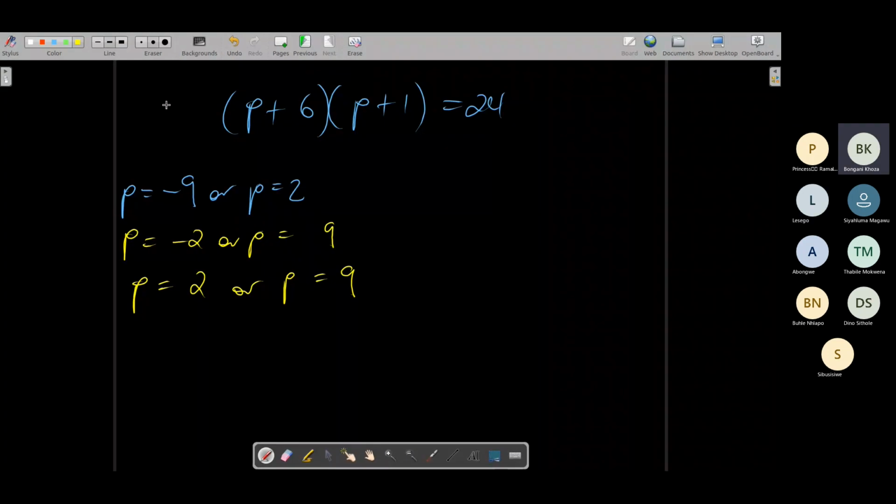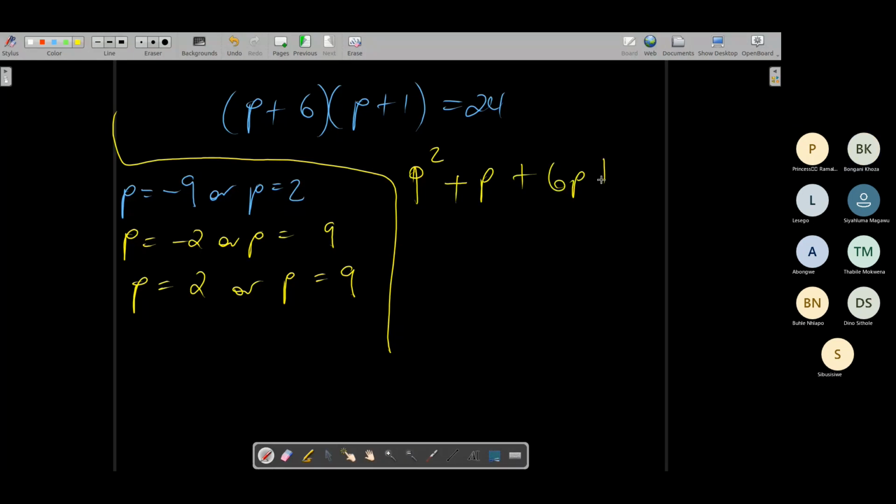All right, let's check. So remember, we cannot just say P plus 6 equals to 24. We have to make sure that this part is 0 first. So since it's not 0, we have to apply our FOIL method here. So this will be P squared plus P plus 6P plus 6 equals to 24.